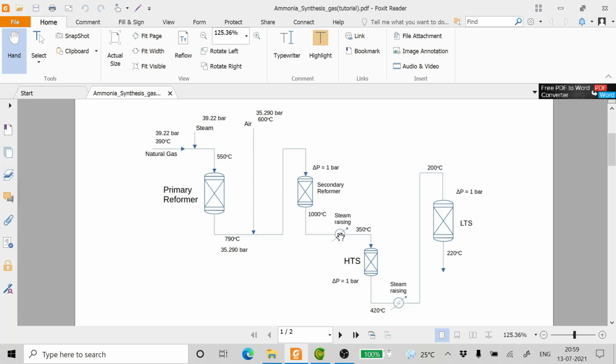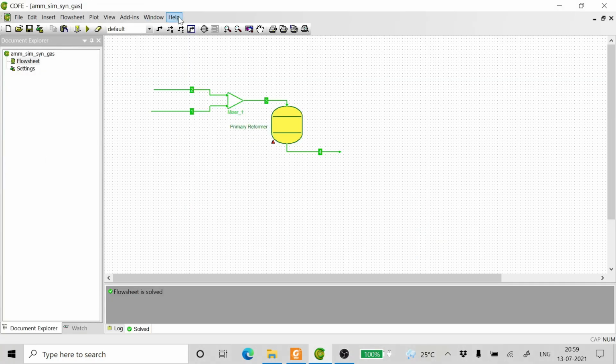And for all the exchangers, I will take a pressure drop of 0.1 bar. So, let's go ahead and add a stream. So, we add an air stream. Now, we rename it as 5.